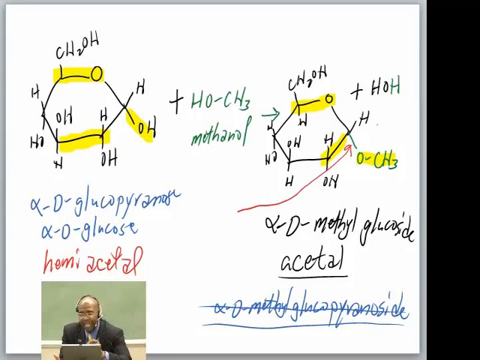One of you can figure out what the name of this bond should be. What should be the name of the bond between the sugar and the alcohol? Exactly. Say that louder. A glycosidic bond. Exactly. Does that make sense? A glycosidic bond.